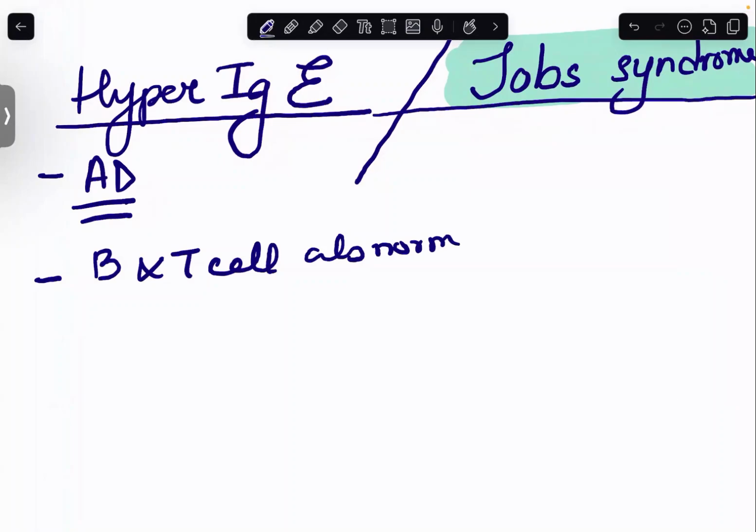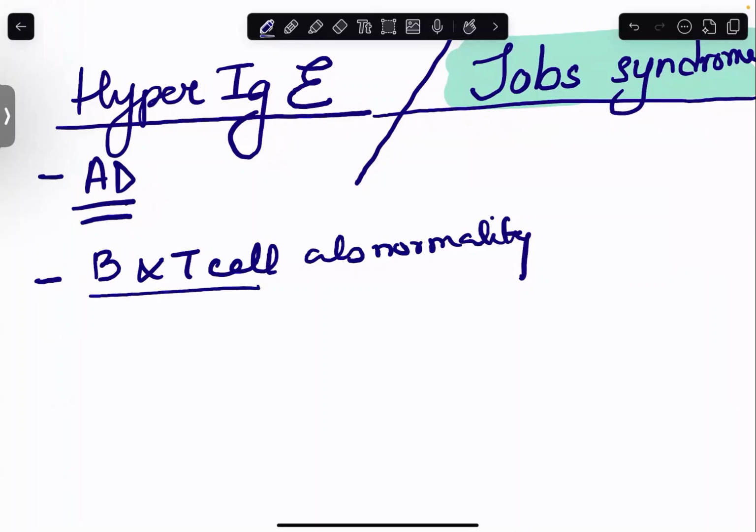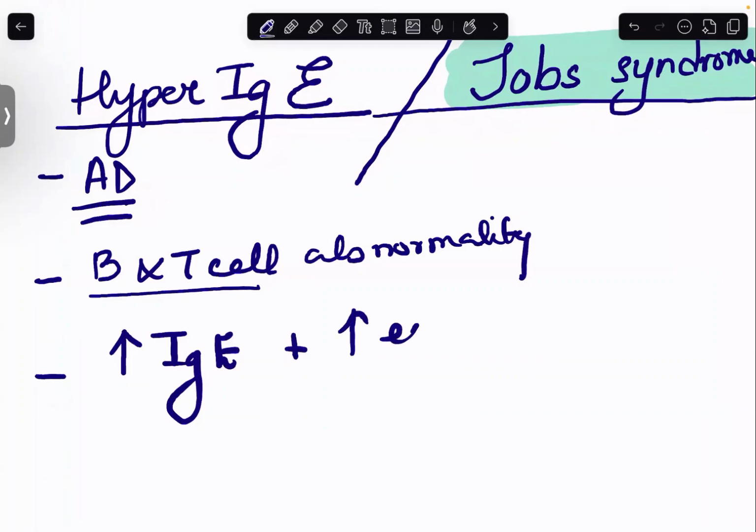So there is abnormality in B as well as T. We are not saying deficiency, we are saying abnormality, some kind of abnormality in B and T cell, that is the cause. So due to this abnormality, on investigation, we will find increased immunoglobulin E, along with increased eosinophils. Okay, this will be the finding.